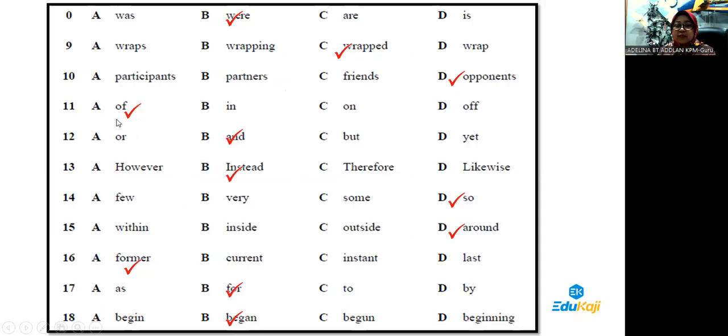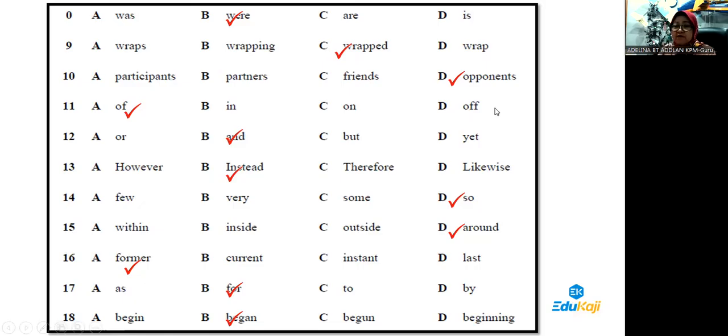This is testing students on their grammar. Linkers, cohesive device: off, in, on, and of. Off here is suitable for phrasal verbs such as switch off, turn off the fan, okay? Or something to show that you are going away, you are switching it, or you're not going to be switching it on.